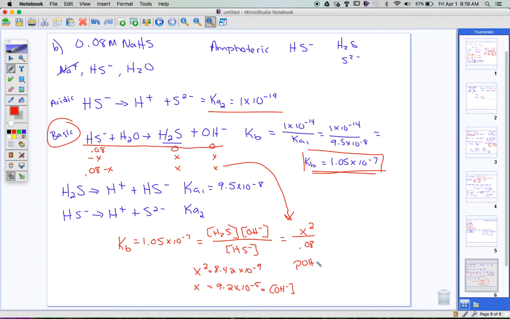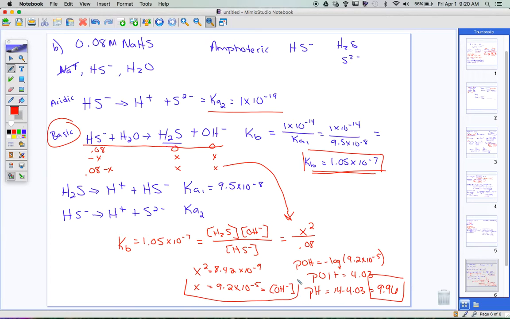The pOH is the negative log of that number. And so the pOH was 4.03. The pH is 14 minus that, which ends up being 9.96. So that and that are the answers to your questions.